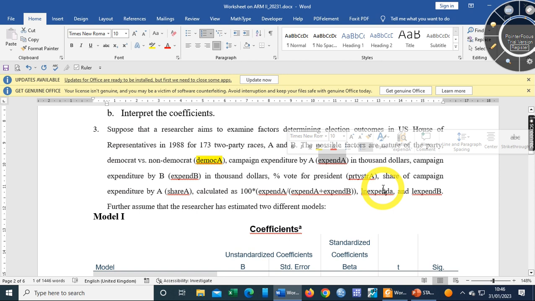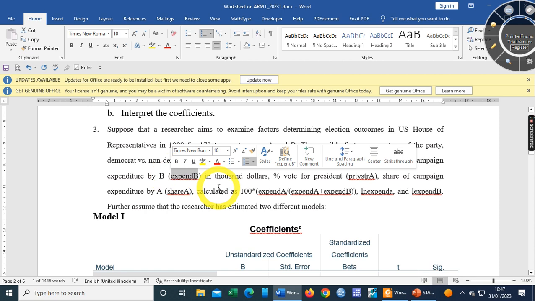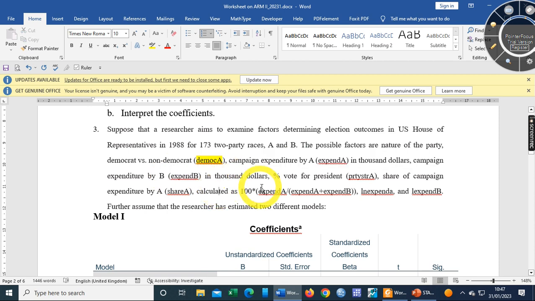Campaign expenditure by B, in $1,000. Percent vote for president.